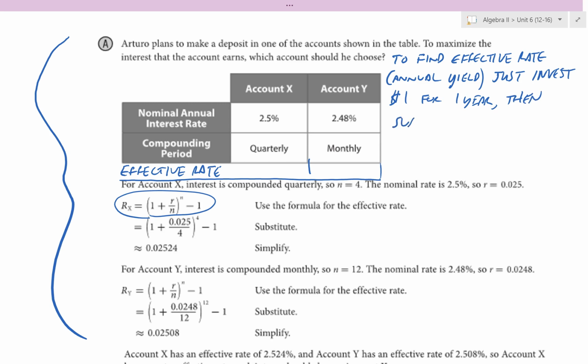Then subtract $1. That'll give you your effective rate. Watch how simple this is.